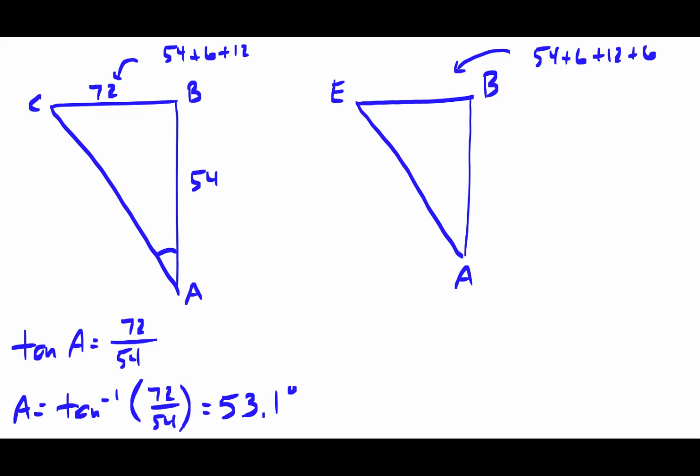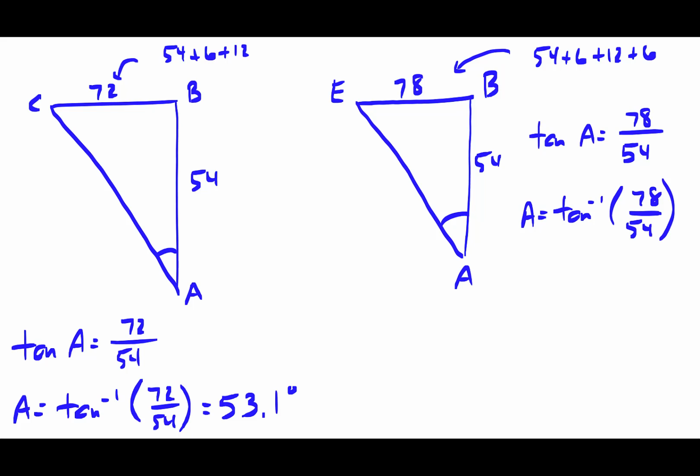So it includes the whole goal post. That's going to be 78 feet now, and 54. So I'm going to look at tangent. Tangent of A is equal to 78 over 54. Take the inverse of that, and using the calculator I get an angle measurement of 55.3 degrees.